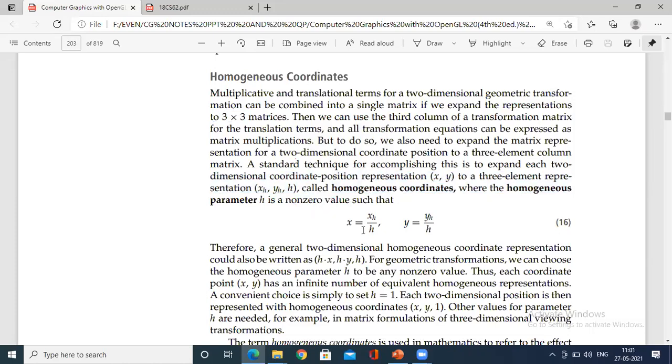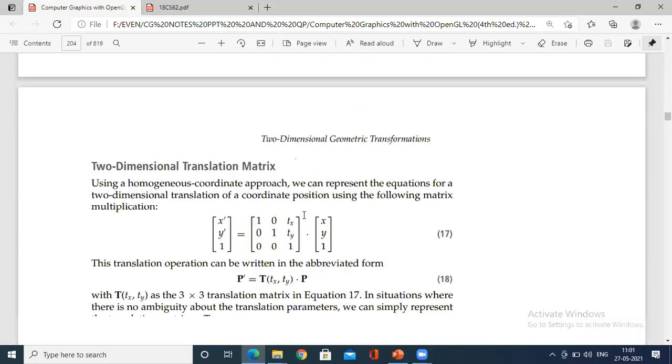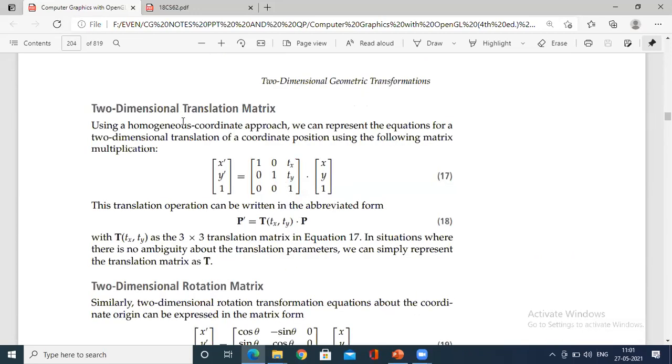H is a non-zero value. It can be represented as x equals xh by h, y equals yh by h. Here is the representation for the two-dimensional translation matrix using the homogeneous coordinate system. This is how you represent the translation.